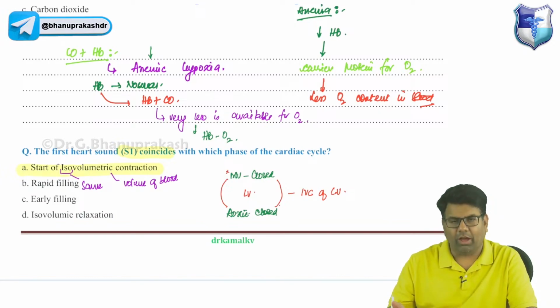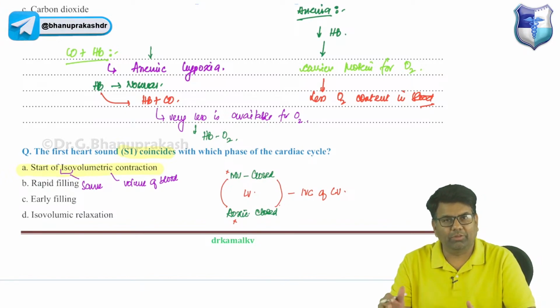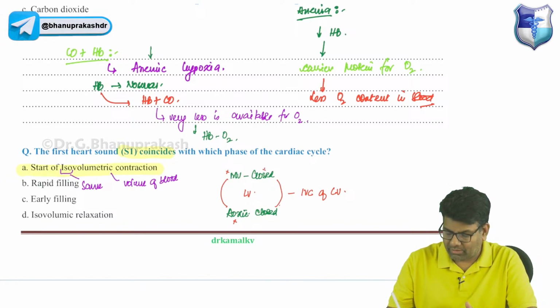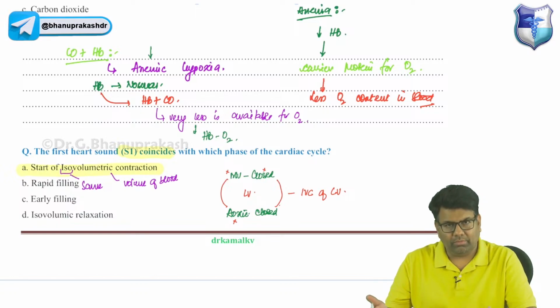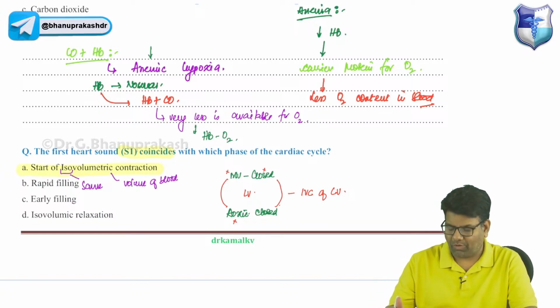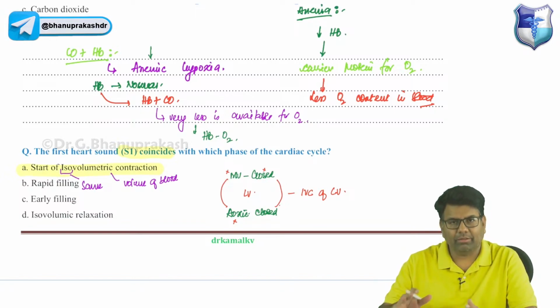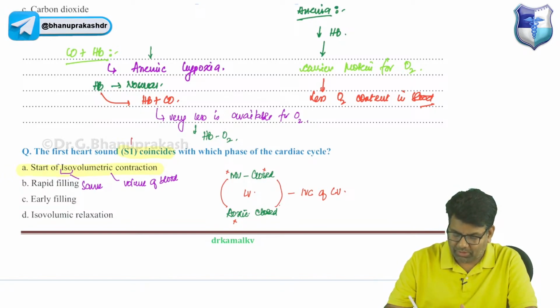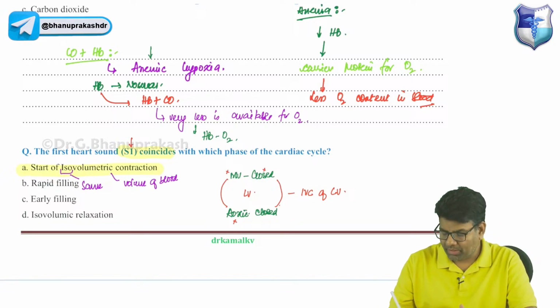So that is the concept of isovolumetric contraction. The valve above is closed, the valve below is closed. When the atrium is contracting, the blood is pushed from the atrium into the ventricle. After that, on the left side the mitral valve will close, or on the right side the tricuspid valve will close. So the AV valve will close, and that will produce the first heart sound.